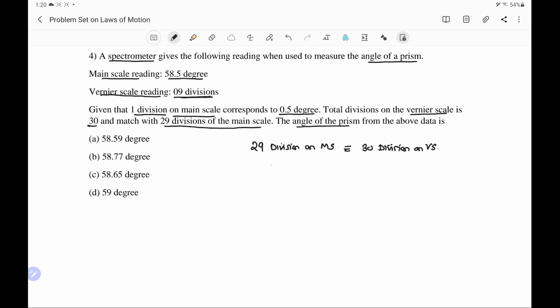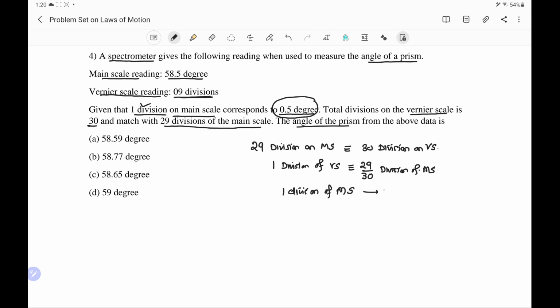Therefore, one division of vernier scale is equivalent to 29 by 30 divisions of main scale, and it is given that one division of main scale is 0.5 degree.